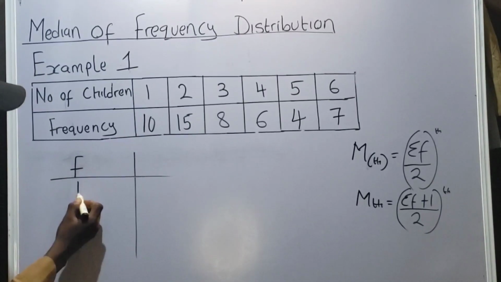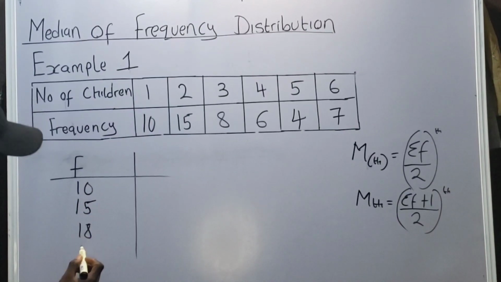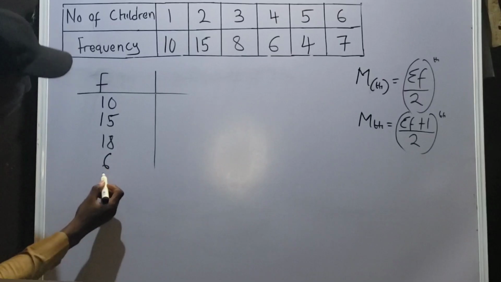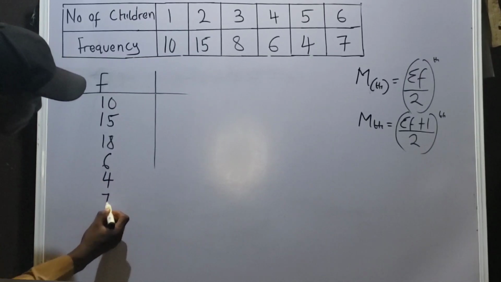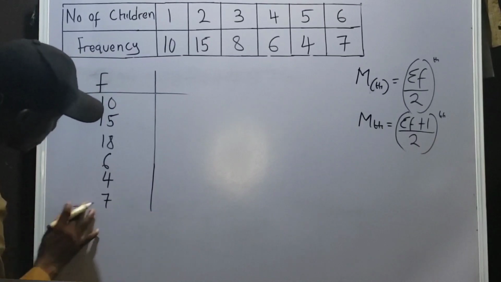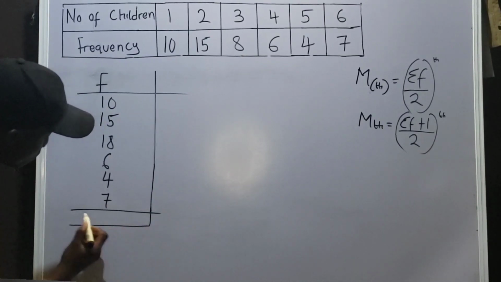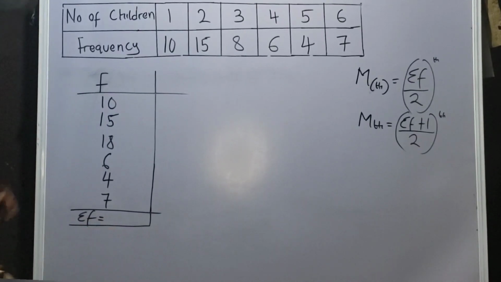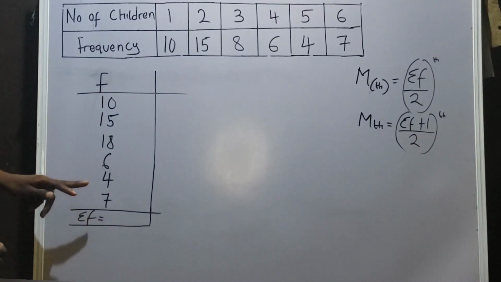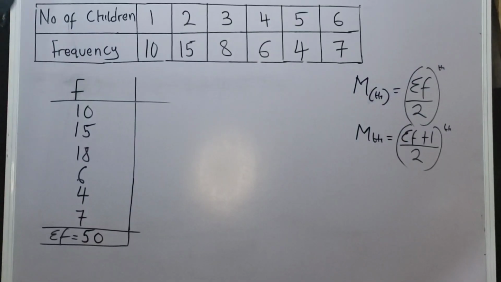So I'm going to have 10, 15, 18, 6, 4, 7. Summation f is equal to, now when we sum all this together, the answer that we're going to get is 50.